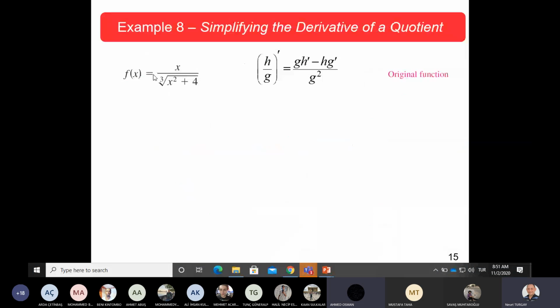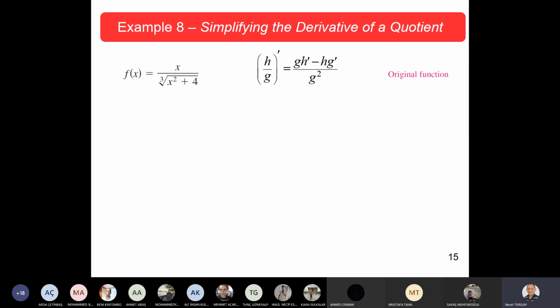Now have a look at this. You have a function. Remember, last lesson we learned the quotient rule. Before starting these operations using the quotient rule, you need to rewrite this in this form.